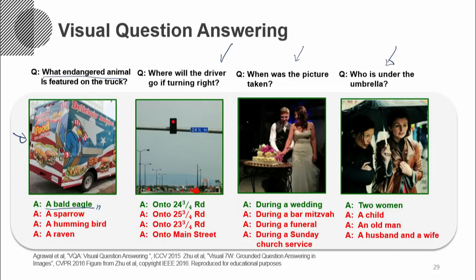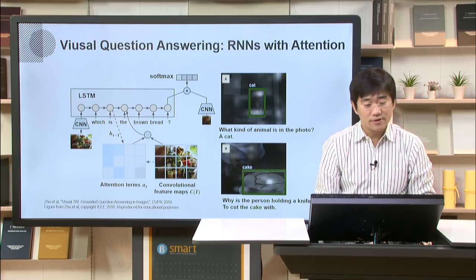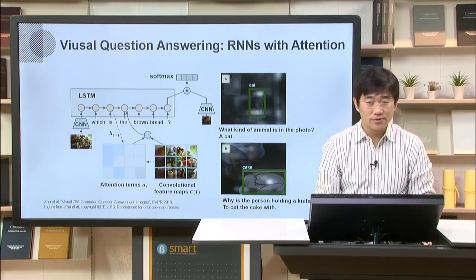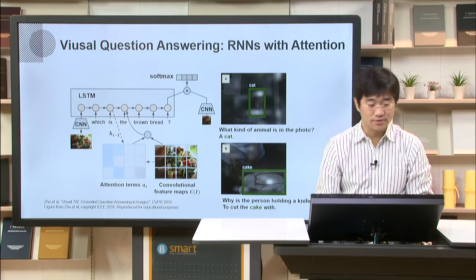By using data with the question, the corresponding image, and the correct answers, we can train our deep learning model. This deep learning model to solve visual question answering can also be built by using RNNs with this attention module.